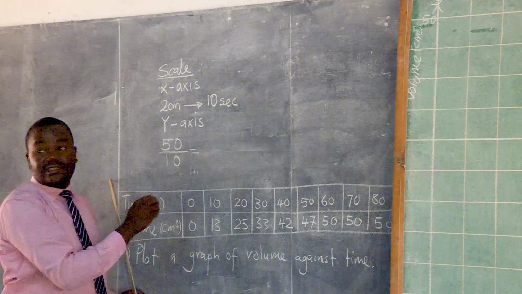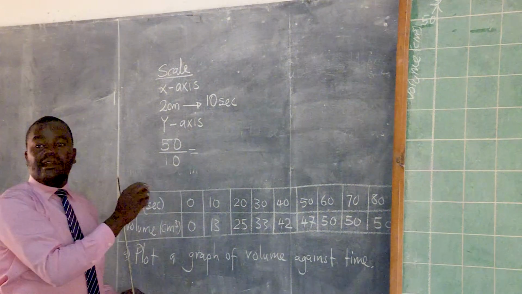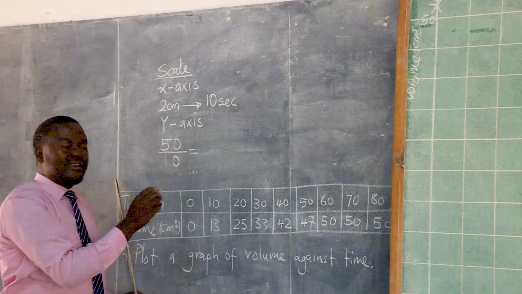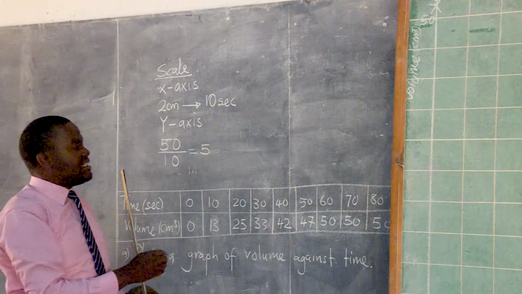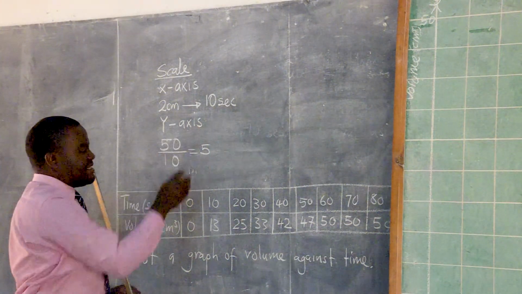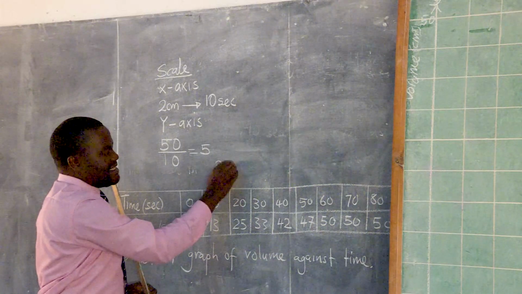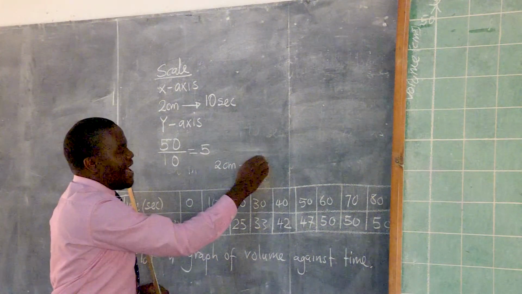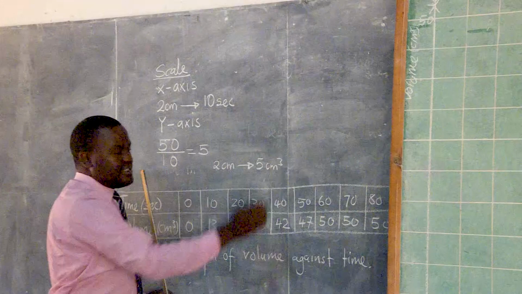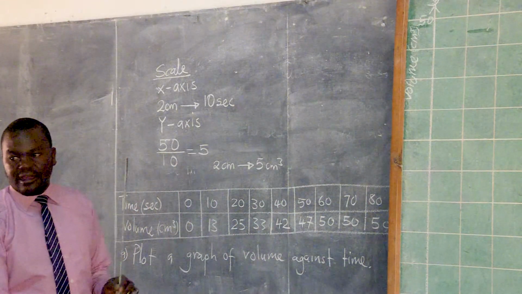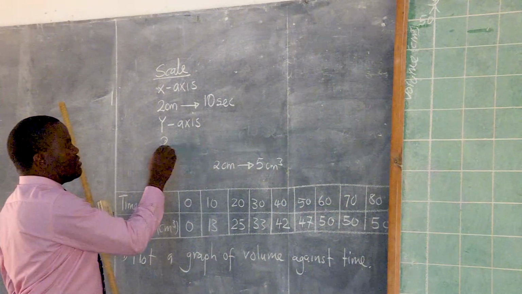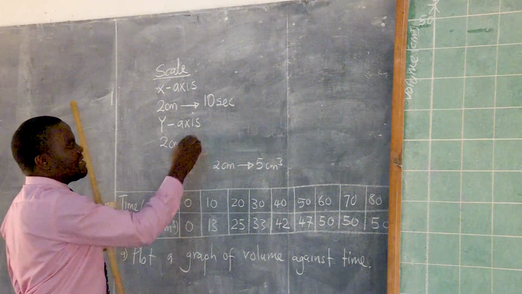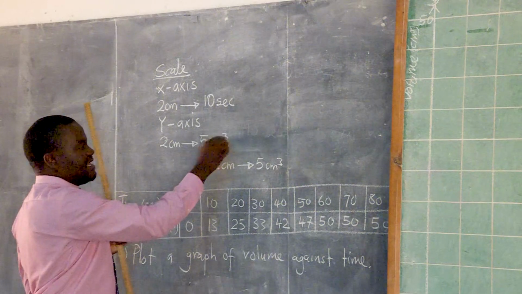What is it giving us? It is giving us 5. So what does it mean? It means that along the y-axis, 2 centimeters represents 5 cubic centimeters. Are we together? Okay.